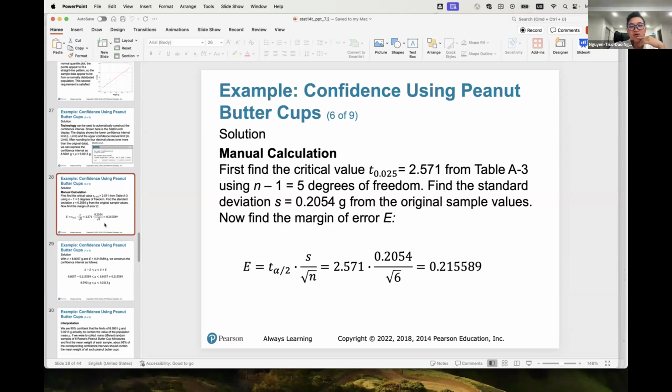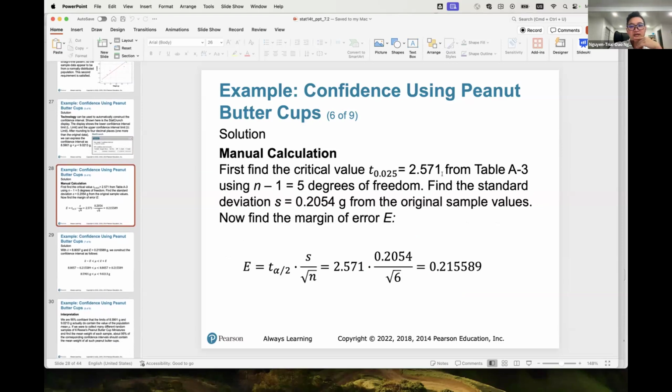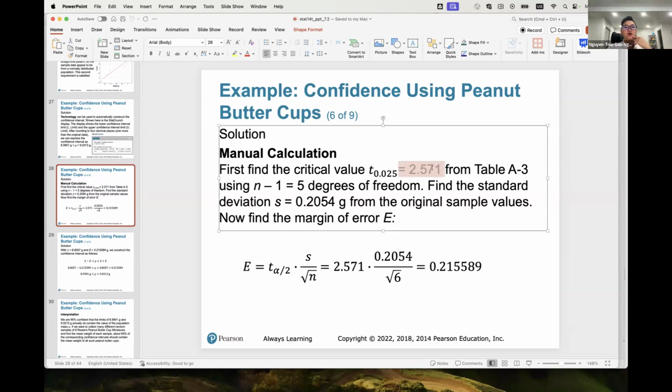Okay, so we find the critical value. We found it earlier because this data is a 95% confidence level. So the critical value is 2.571 from table A. It's similar to the previous example that we did with the degrees of freedom 5. Then find the standard deviation.